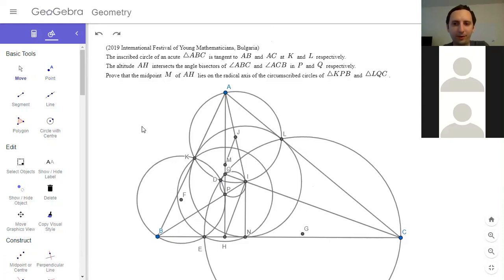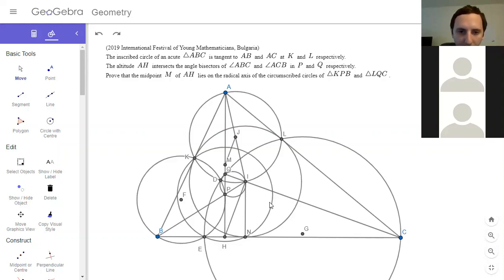So yeah, this is a little bit of a tricky problem here. We want to show that M lies on the radical axis of those two circles. So yeah, I'm guessing the easiest way is probably to show it has the same power with respect to them, right?